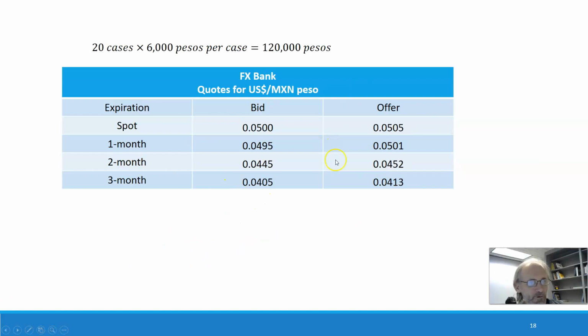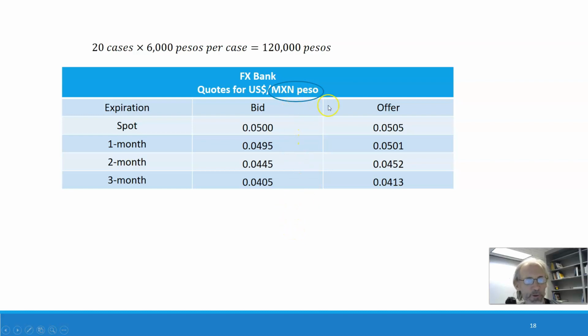Banks will often provide quotes for the contracts they're willing to enter into. I've got a particular example here of quotes for exchanging dollars for pesos, with 1 month, 2 month, and 3 month quotes. The way to figure out these quotes is to realize that the currency in the denominator is the one being bought or sold.